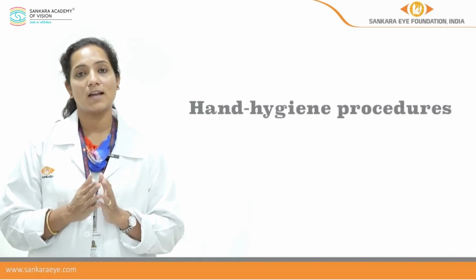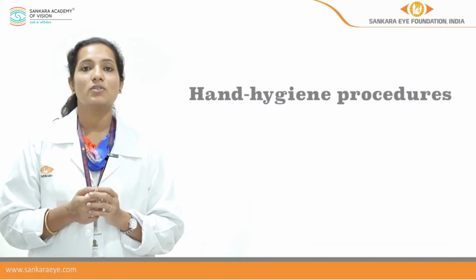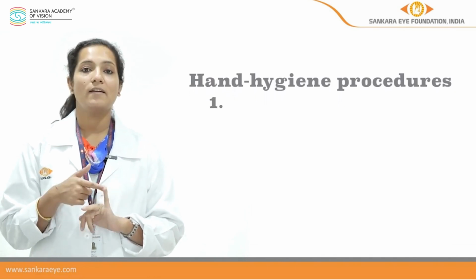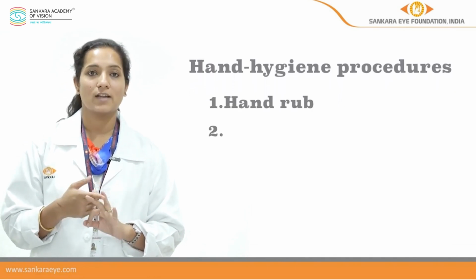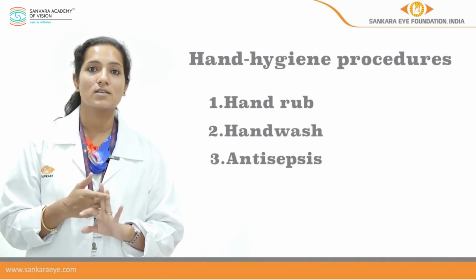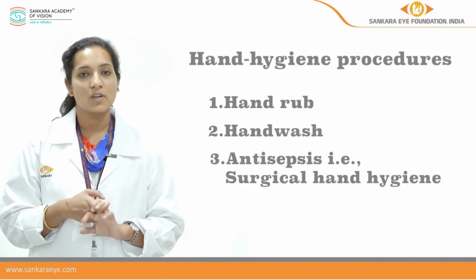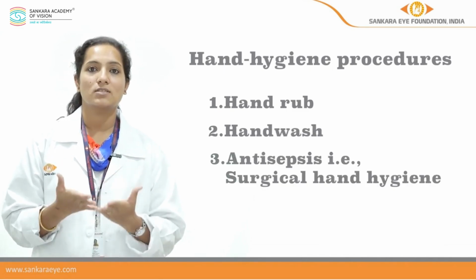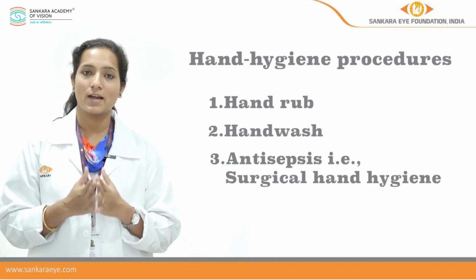Now, what are the hand hygiene procedures? So there are three procedures: hand rub, hand wash, and third is asepsis or surgical hand hygiene. So let us see what are the steps involved in hand wash or hand hygiene.